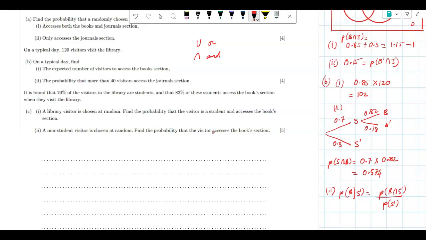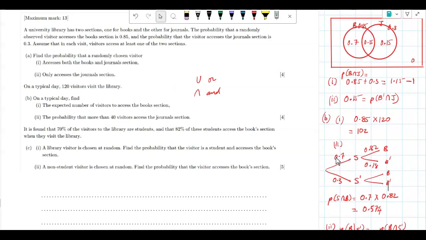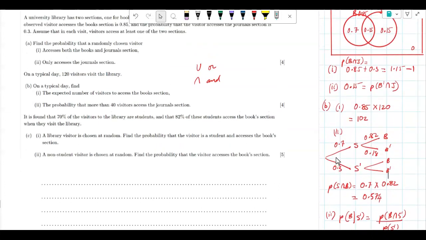Now this part is not given. Book, no book. How will you get this? What is the probability of books? 0.82 is books only of the students, but 82% of non-students we don't know. So you have to find this first.